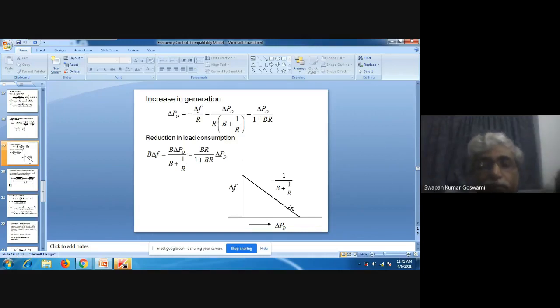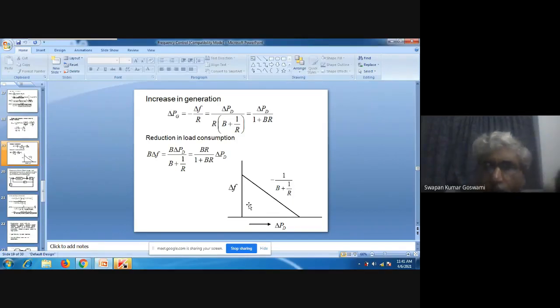You cannot restrict that. That means unless some external effort is made, governor alone cannot control the frequency or bring it back to the normal value.